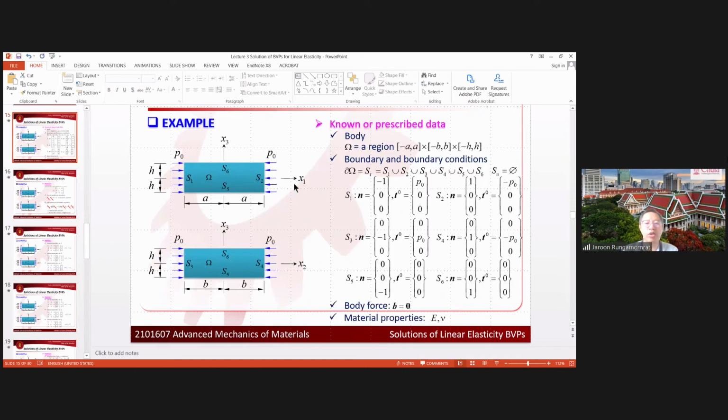Let's say that you hold the body here and apply the pressure equal to P0, and then you move around. You hold the body in your hand and apply the force like this. Let's say that you walk around without changing the value of the force that you apply. What happened to the body?